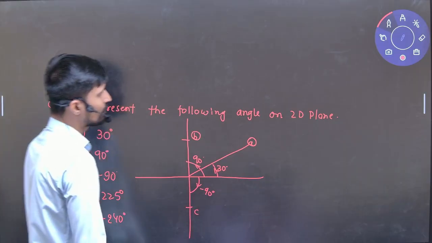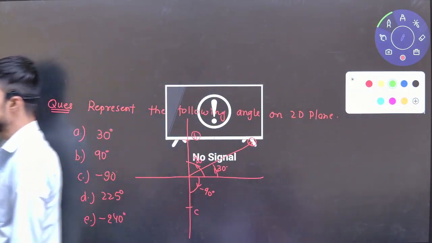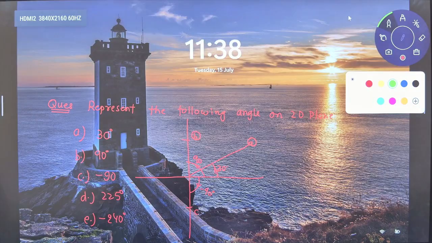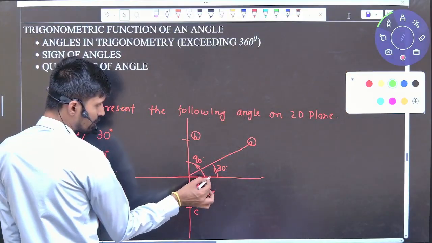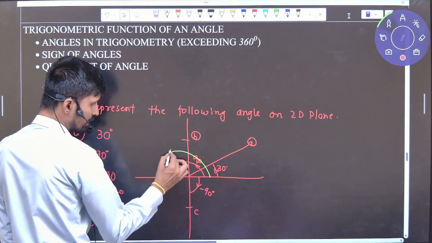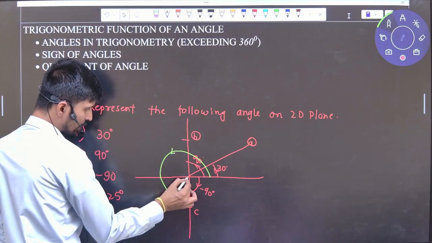Now 225 degree. Where will 225 degree go? 180 plus 45. First it will go in this direction, that will come 180 degree, and from here it will go 45 degree.